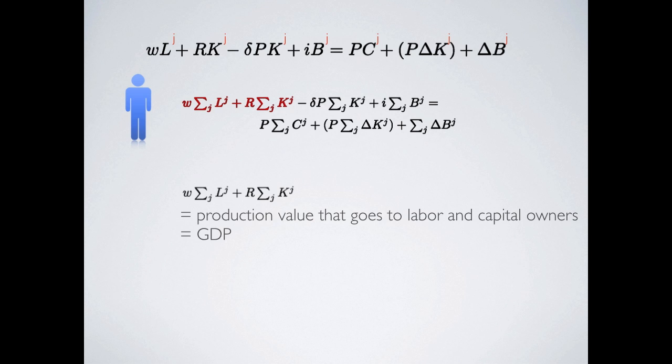This is actually not a bad assumption, because in reality, people are either laborers or capitalists. GDP represents the production value that the economy can generate, and it has to be distributed either to labor or to capitalists. That's why the sum of these two income sources is equal to GDP.